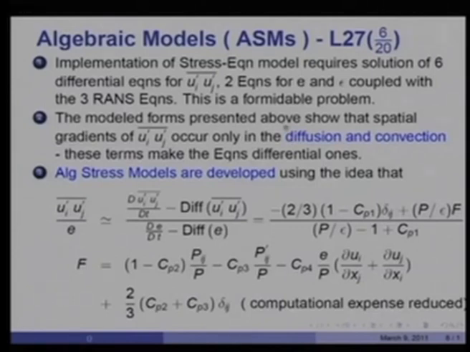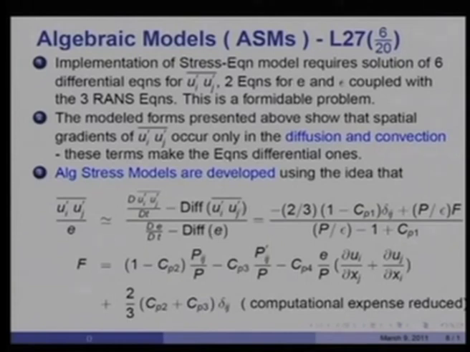So, one way to get rid of this differential form is to develop an algebraic stress model, using the idea that ui prime uj prime divided by E is approximately equal to convection minus diffusion of the stress divided by convection minus diffusion of the kinetic energy.